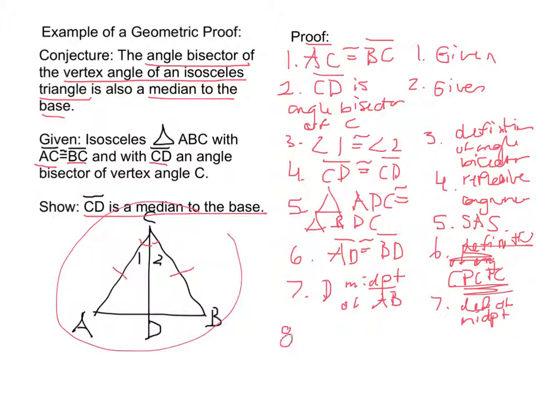And then our final step, therefore, CD is a median. And that's by the definition of a median. So that's a geometric proof. You can see you use a bunch of different postulates to prove a geometric conjecture.